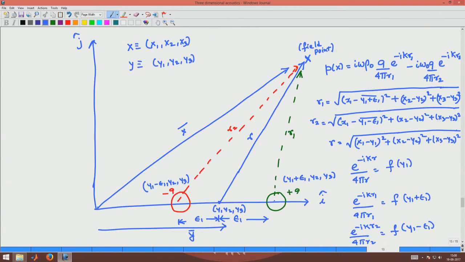So, this is y 1 and this position, if I drop a perpendicular, this value is going to be x 1. So, therefore, this value is going to be x 1 minus y 1, and this distance is anyway marked as r.